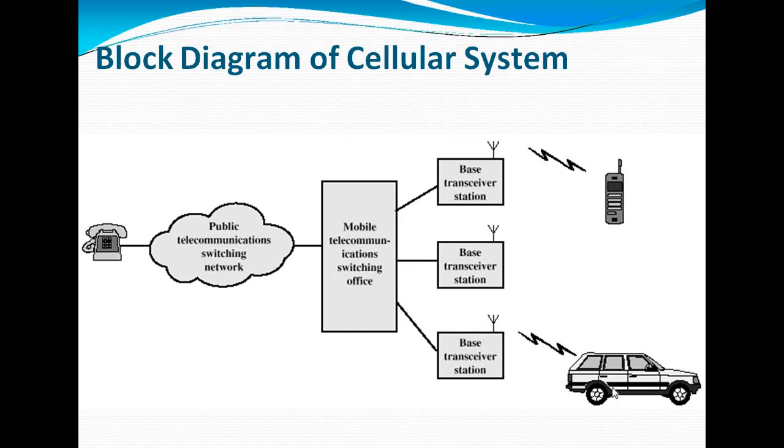So it is the basic block diagram through which a cellular system works, with PSTN, the mobile switching office, and the different base stations sending signals to the cellular systems, which are received by the different users.